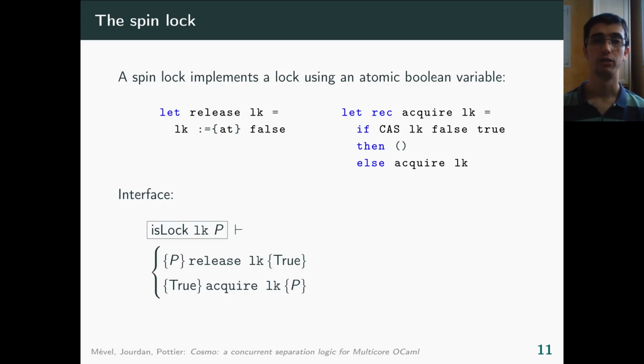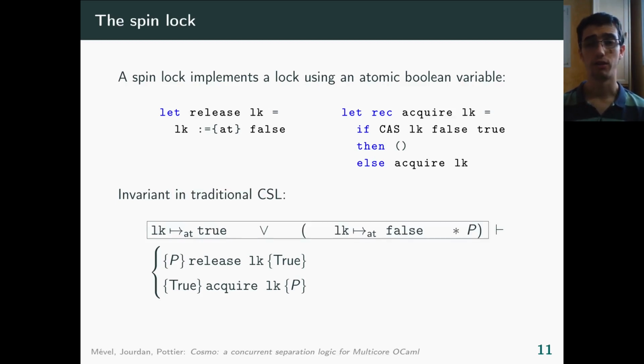In the interface, it works with an assertion P. We give the spin lock a specification, which holds under some invariant. And now, to prove this specification in the usual separation logic, with sequential consistency, we state an invariant like this. We are either locked or unlocked, and in the latter case, the invariant itself holds the assertion P.